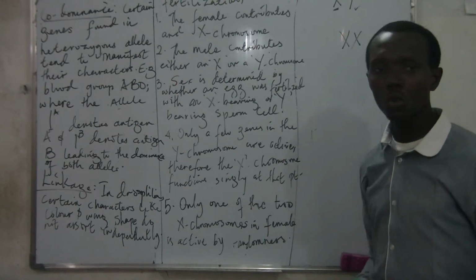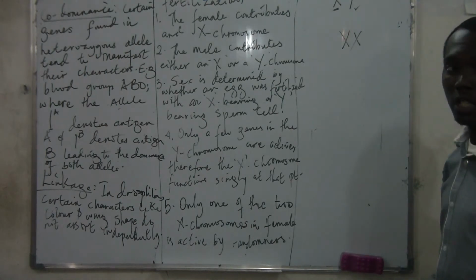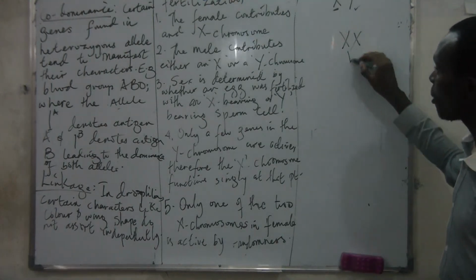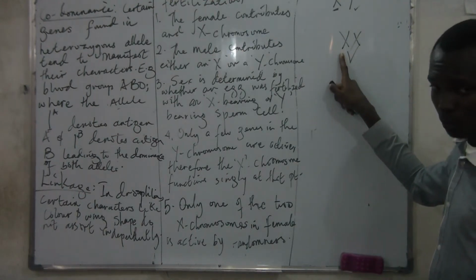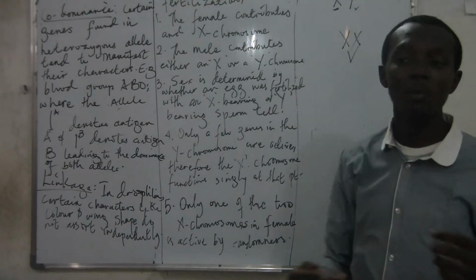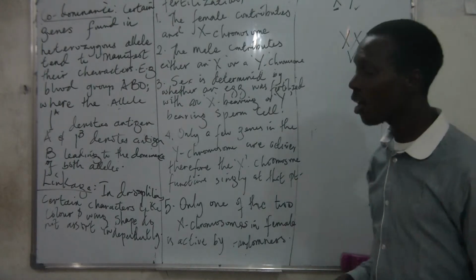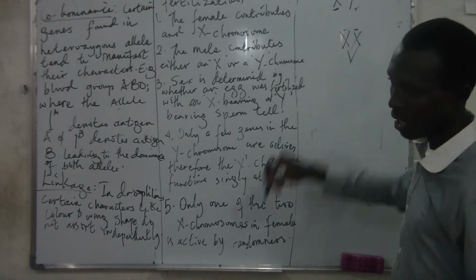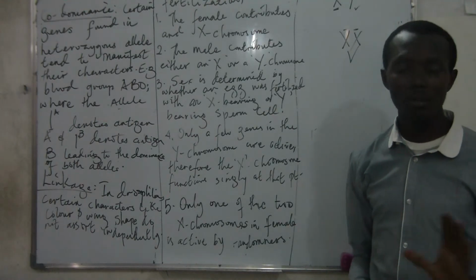By this, it will naturally let you know that the manifestation of traits or characters will be amplified, right? Do you understand? If the characters are found in this X chromosome and they are also found in this other X chromosome, it means these things will be overblown and amplified. But amazingly, one of these X chromosomes is not active. And this is solely due to randomness.